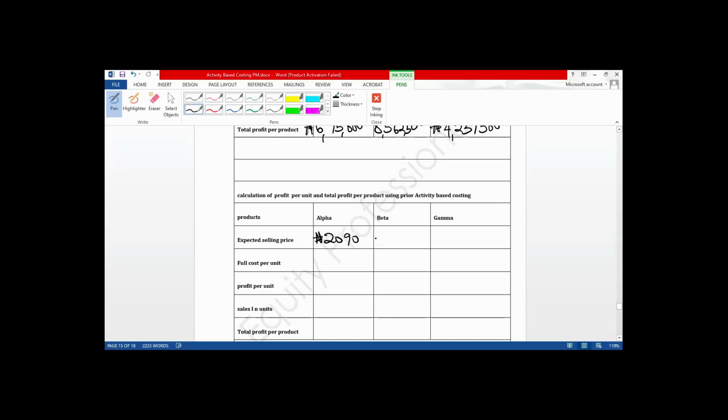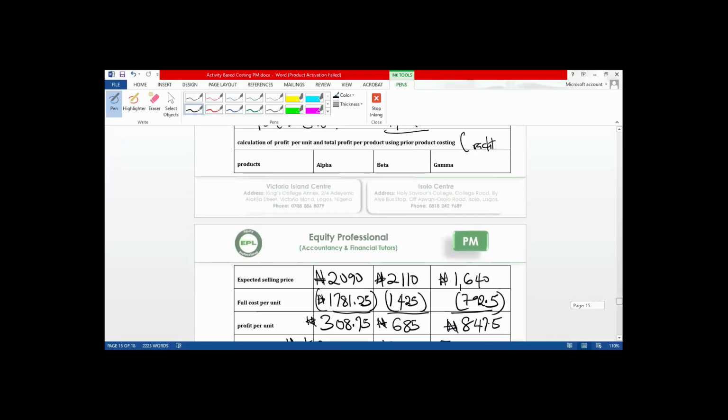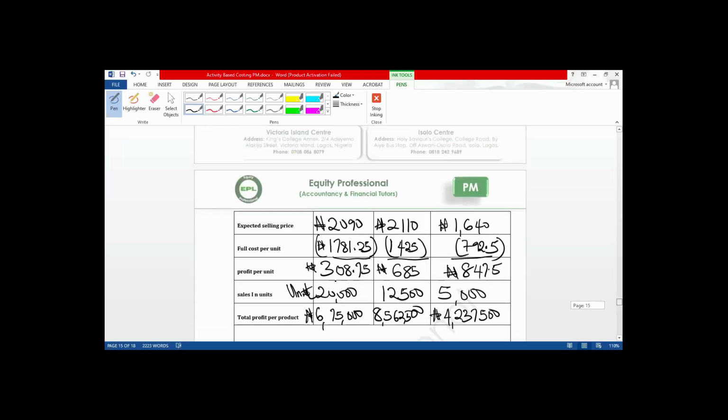Profit per unit multiplied by number of units sold. Profit per unit, 308.75, multiplied by number of units sold, 20,000 units. Please compute.